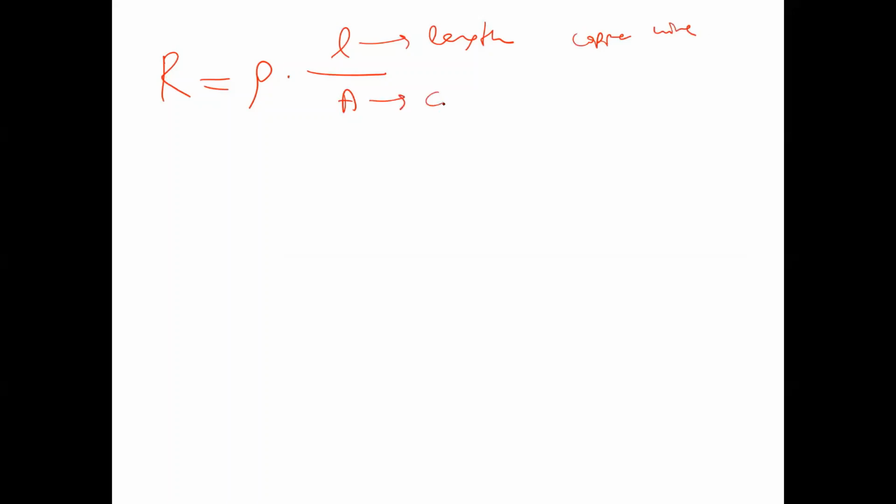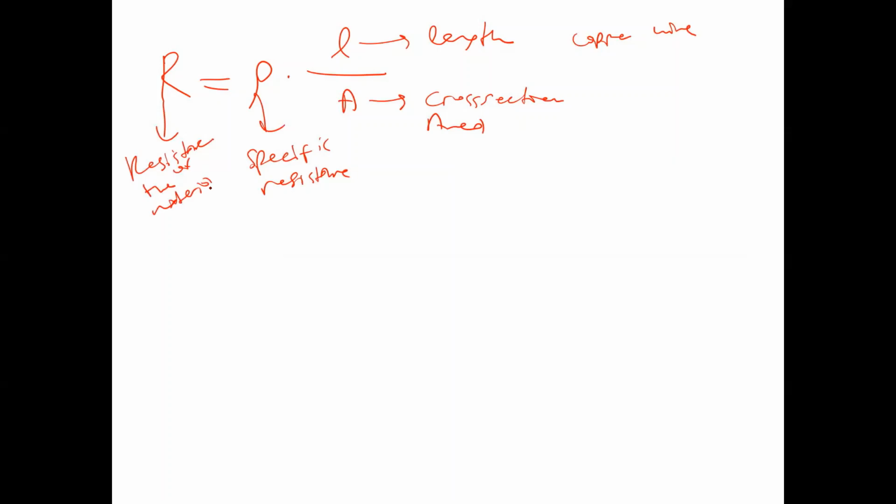And this is the cross-sectional area. This is the specific resistance, and this is the resistance of the material. Am I right? Is the formula correct, friends? Yes.